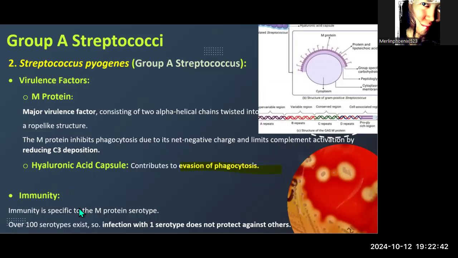The hyaluronic acid capsule also contributes to evasion of phagocytosis. Immunity is specific to the M protein serotype. There are over 100 serotypes, so infection with one serotype does not protect against the other serotypes.